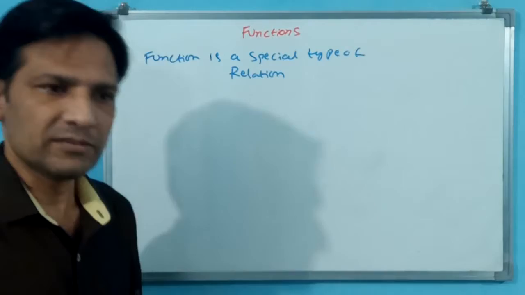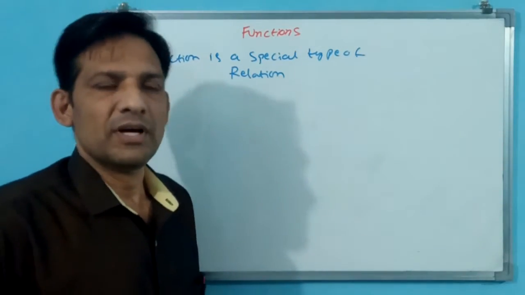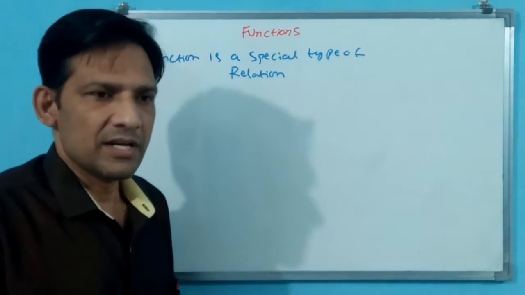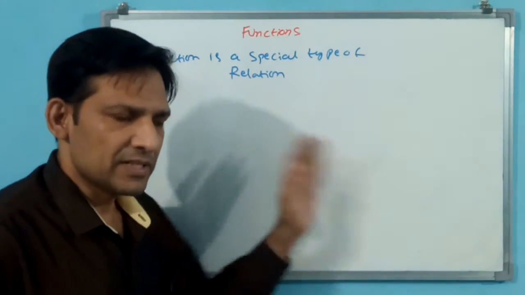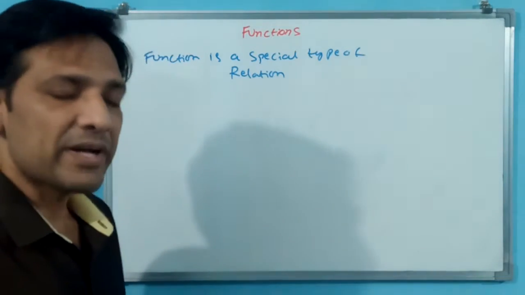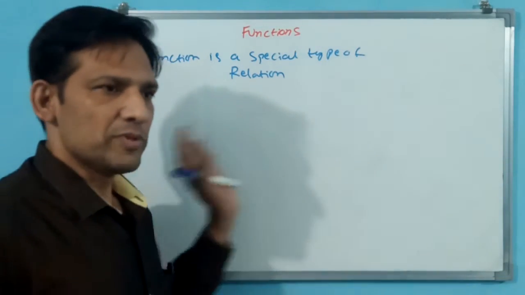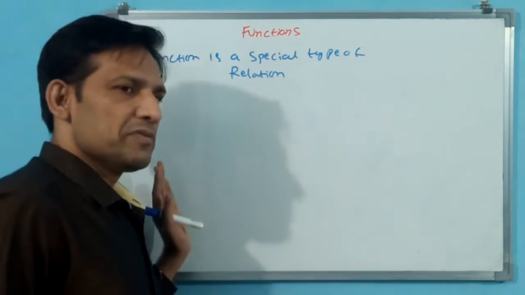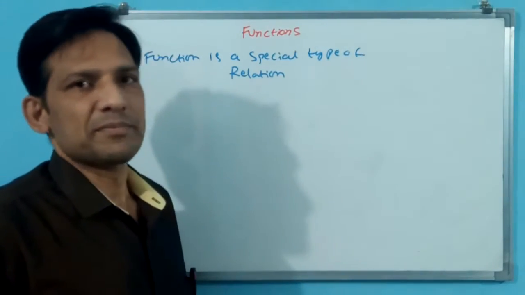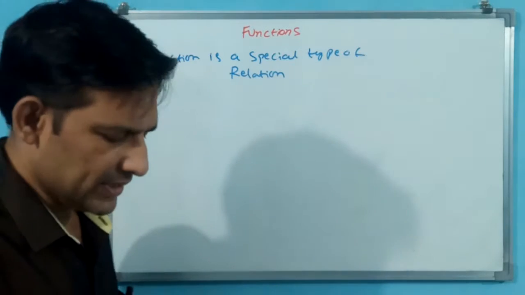But are all relations functions? No. Conditions are there. What those conditions are, we will see. When I say functions are relations, then automatically one should be a subset of the other. Function will be the subset and relation will be the superset.